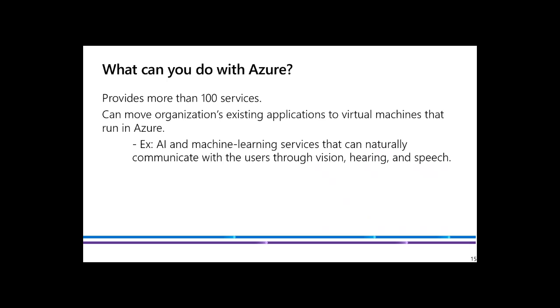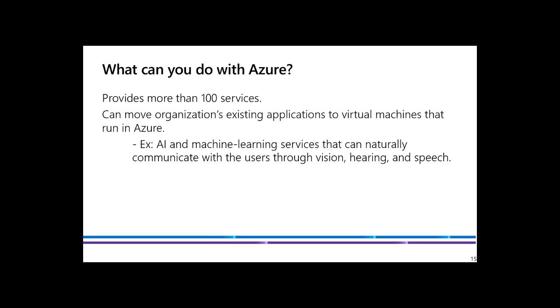So what can you do with Azure? So Azure provides more than 100 services that enable you to do everything from running your existing applications on virtual machines, to exploring new software such as intelligent bots and mixed reality. And many teams start exploring cloud by moving their existing applications to virtual machines that run in Azure.